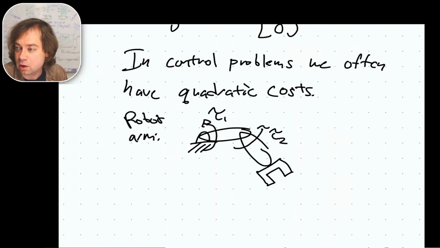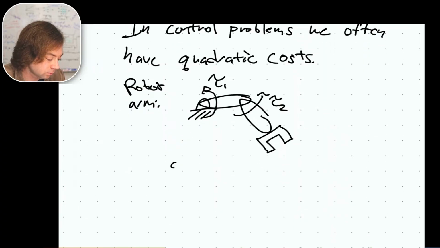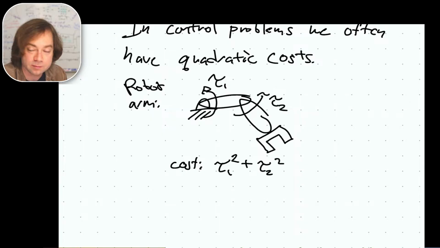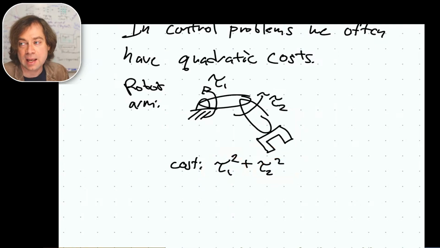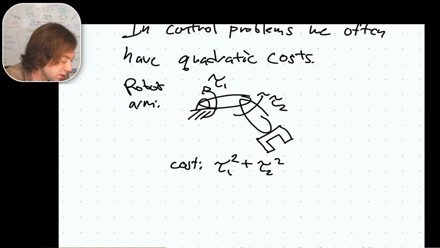A lot of times the cost function might be tau 1 squared plus tau 2 squared. By minimizing the square of the torque, it's saying, hey, I prefer to not give much torque to my robot. I want to be efficient, right? There are other components of cost as well. You have efficiency.